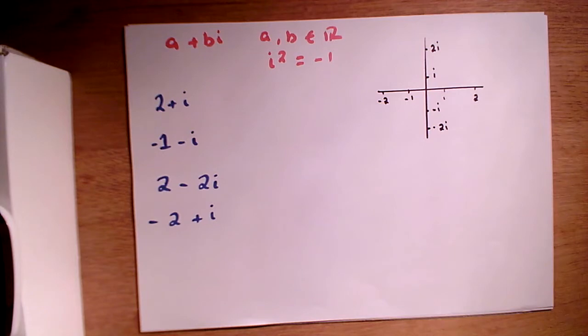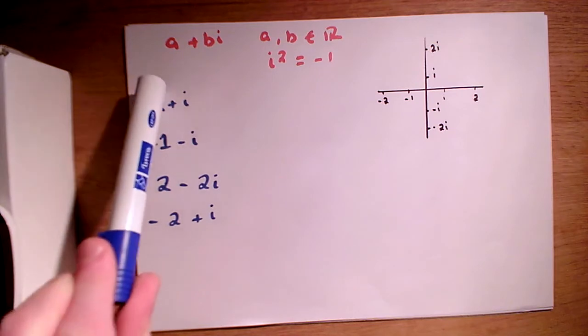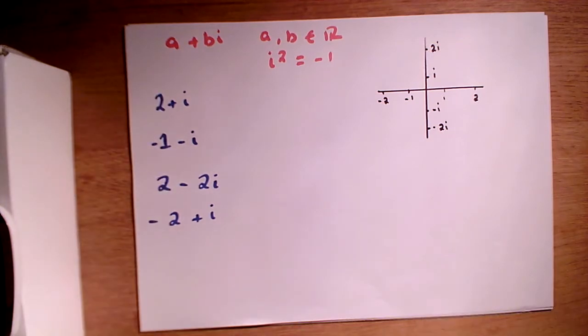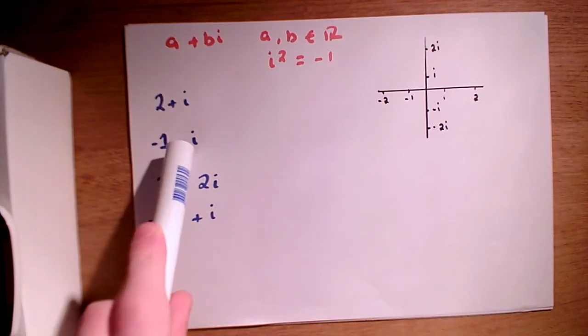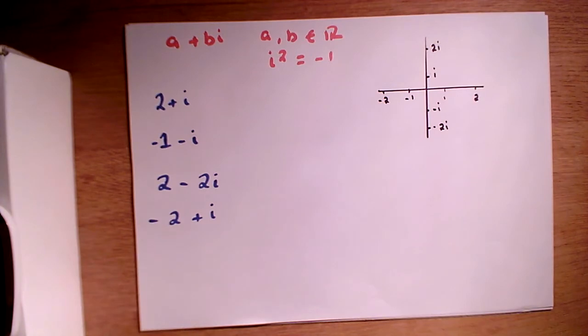Now the difference between this and coordinate geometry is that our traditional x-axis, our horizontal axis, is our real numbers. So our a value is on our x-axis, our horizontal. And on our y-axis, our vertical axis, we have the imaginary values, the i values. So we have i, minus 2i, and plus 1i.